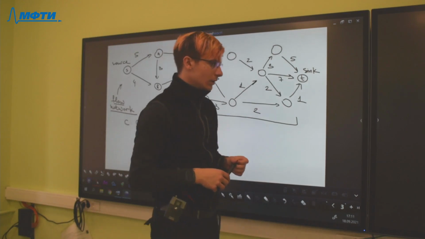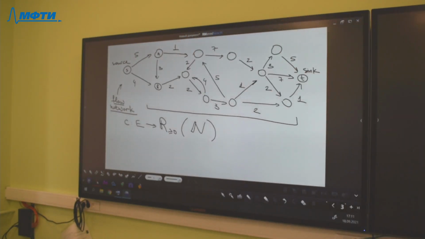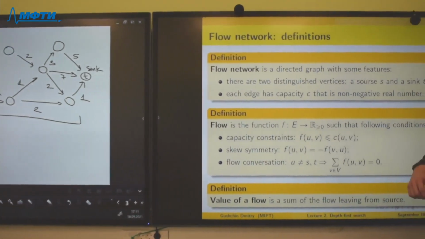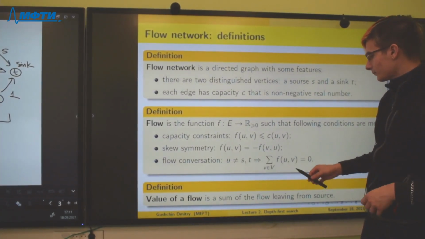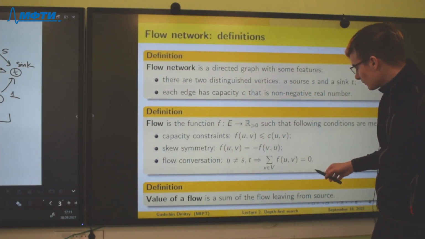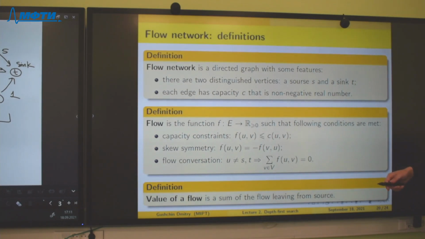And the last condition is that we have no troubles in the vertices because of conservation of flow.